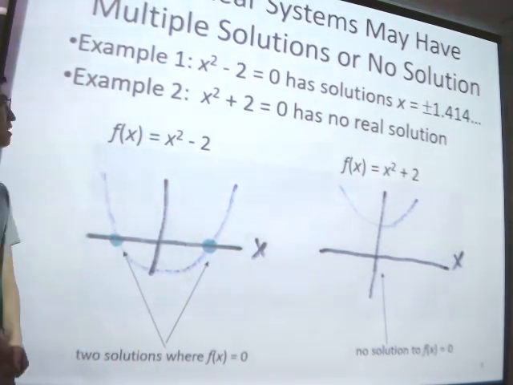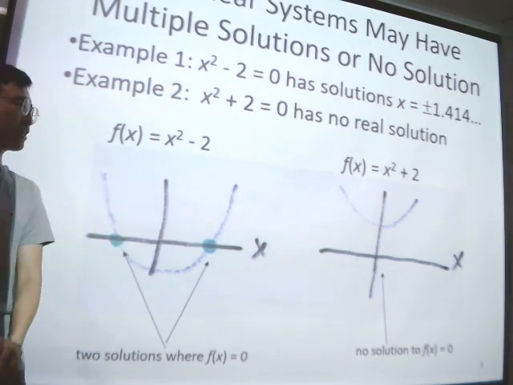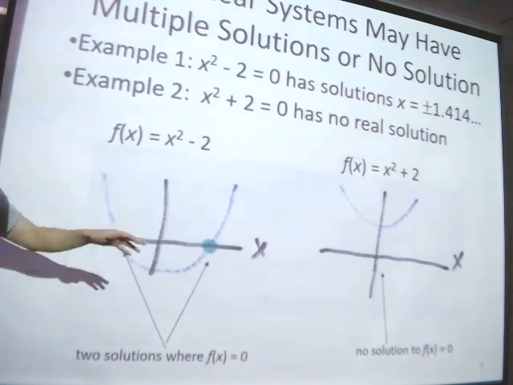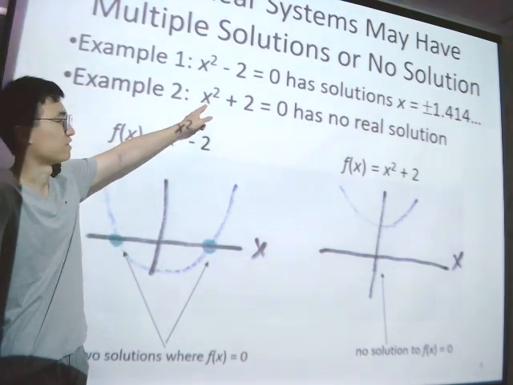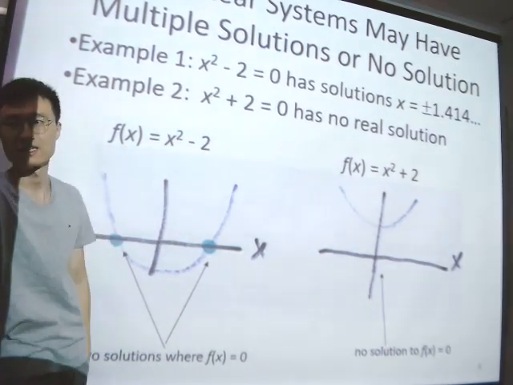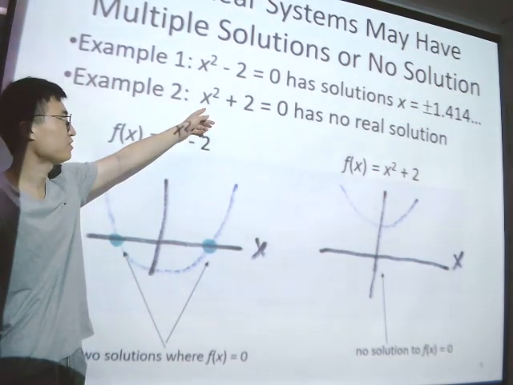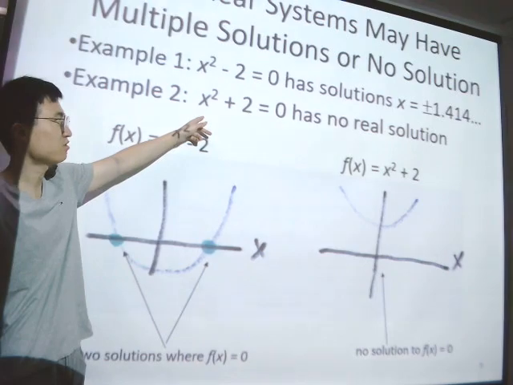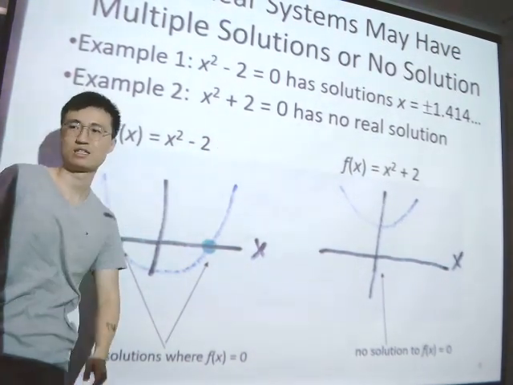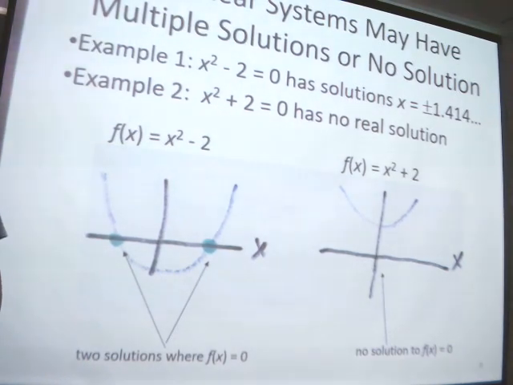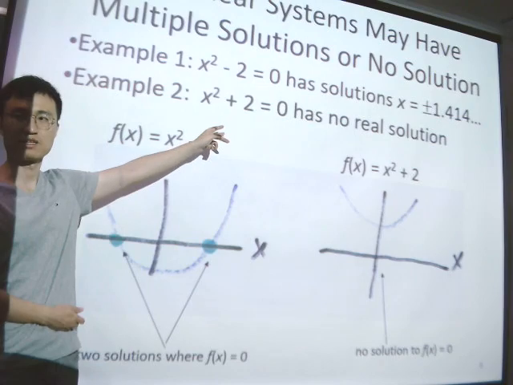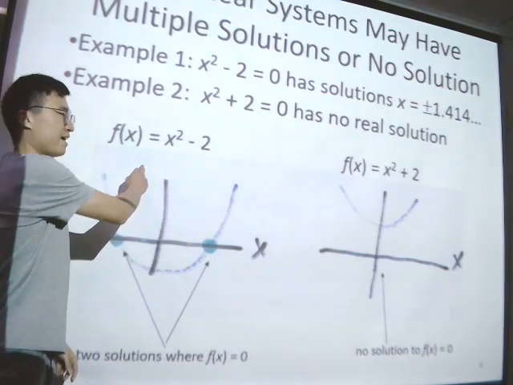But how about this one? In the real world, the square of x is never less than 0, so a positive value or 0, plus 2, cannot equal 0. The solution of this function would be an imaginary number i.